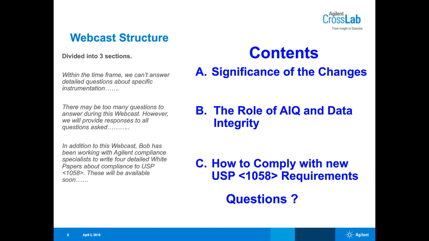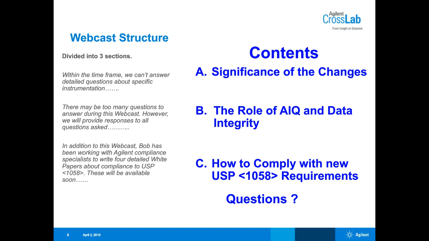I'll pass over to Paul, looking at the role of AIQ and data integrity, and then I'll come on and finish off with looking at how to comply with the new USP 1058 requirements. And then we'll finish up with a session on questions.